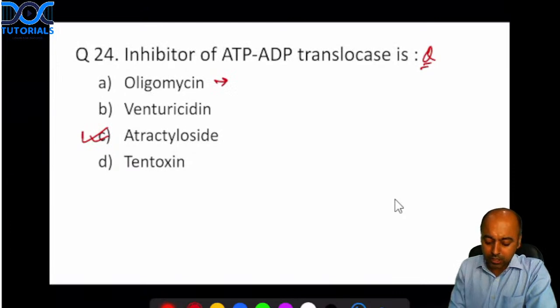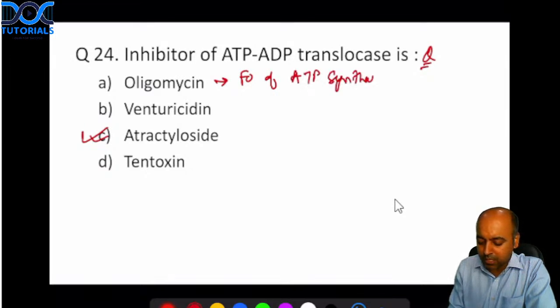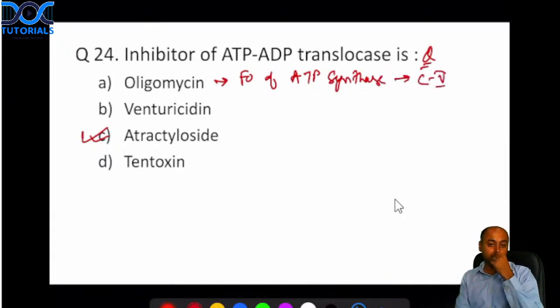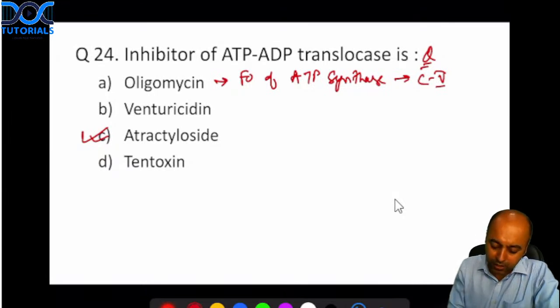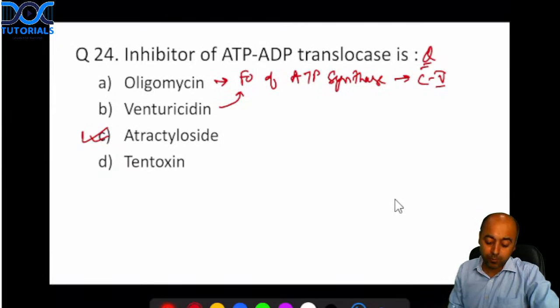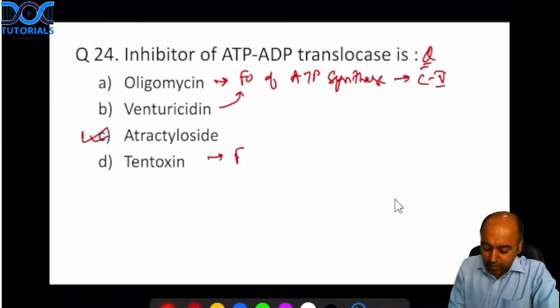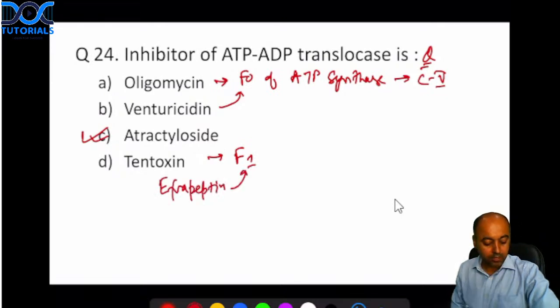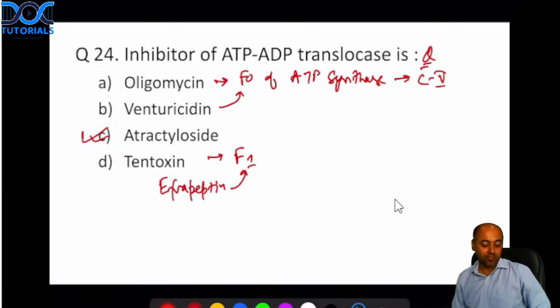Oligomycin is the inhibitor of the F0 of the ATP synthase, sometimes also known as complex 5. Oligomycin and even venturicidin will inhibit the F0 of ATP synthase. Tentoxin and even efrapeptin will inhibit the F1.